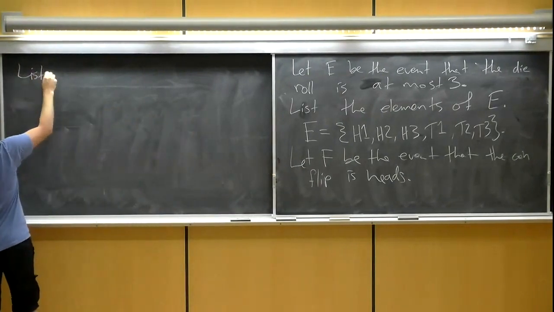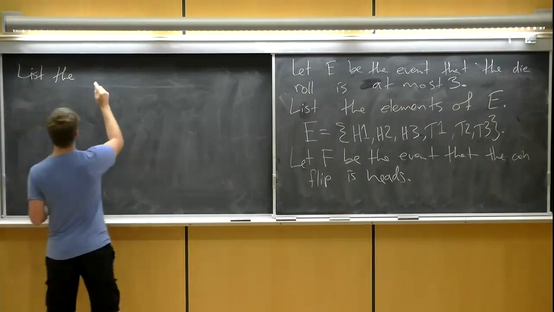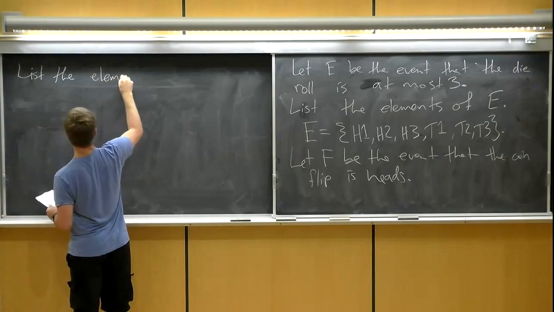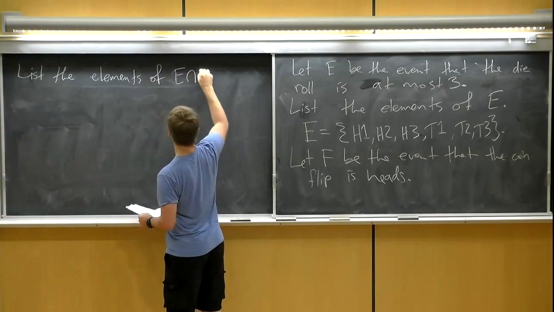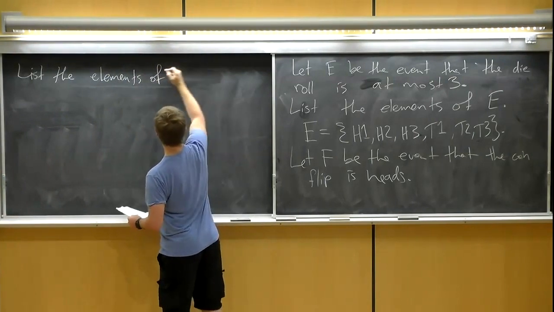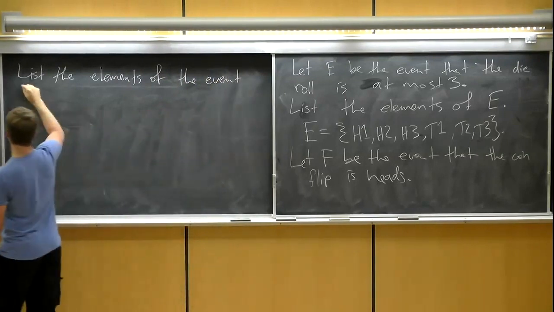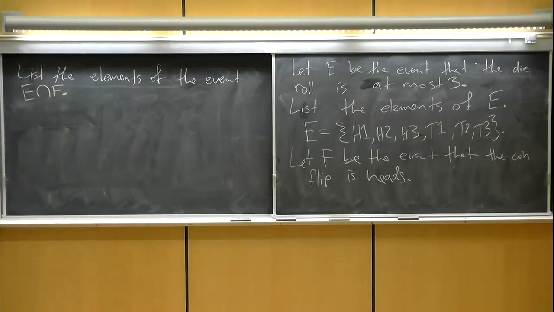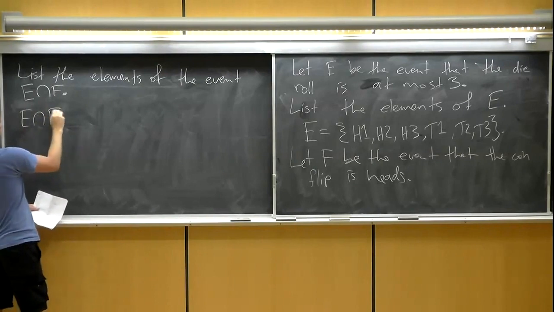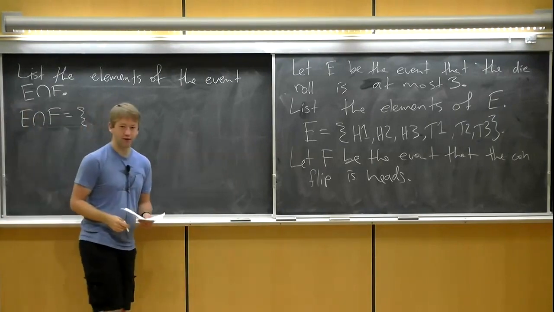Then you could be asked to list the elements of the event E intersect F. So can anyone see what the elements are?